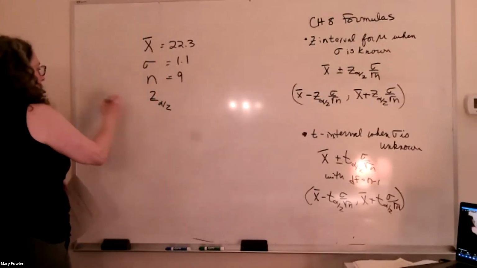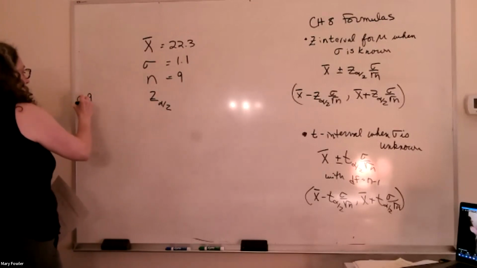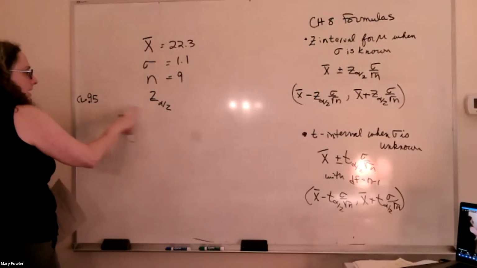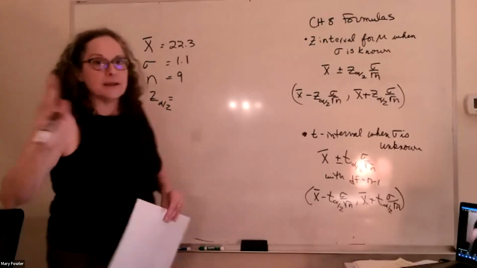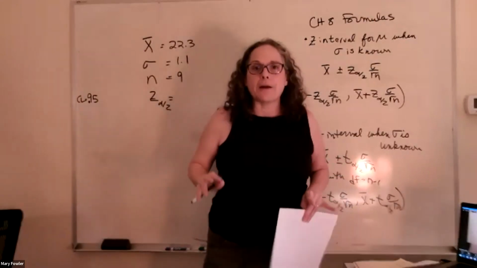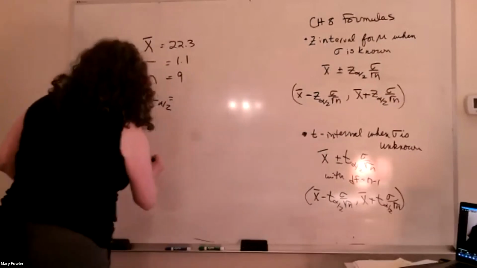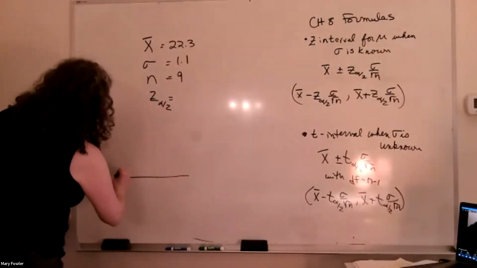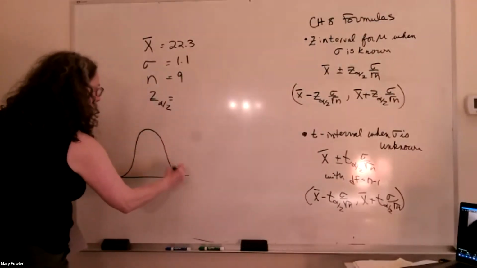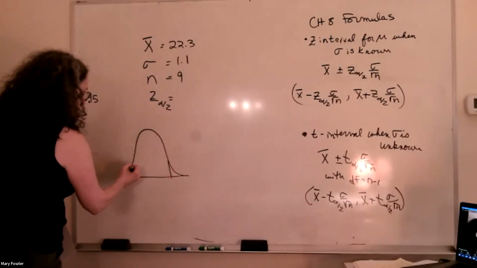The confidence level is 0.95, and from that we're going to work through to determine what our Z sub alpha over 2 is. So I'm going to draw a picture of what this means, how we find what the Z sub alpha over 2 is.